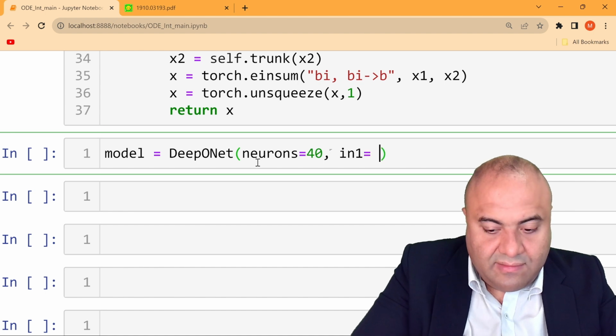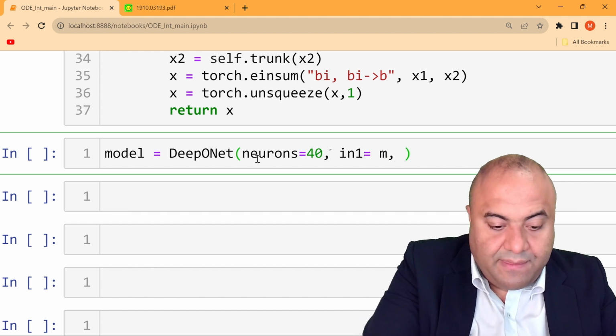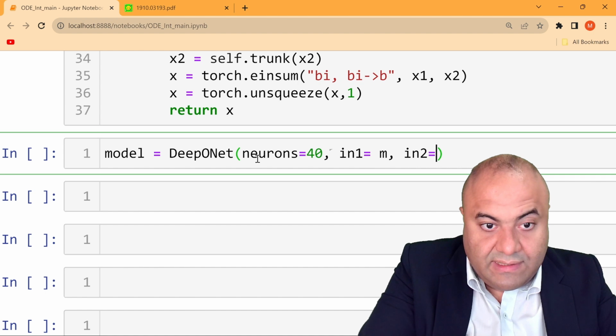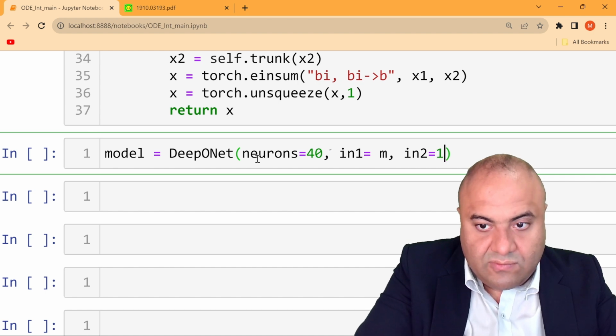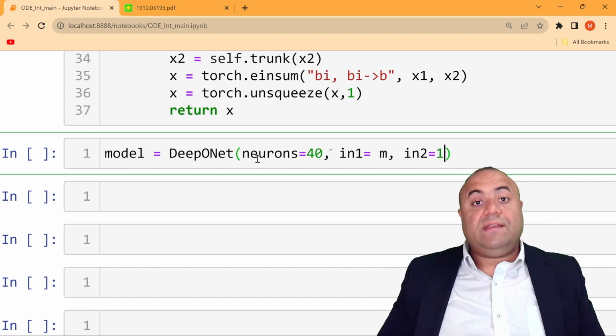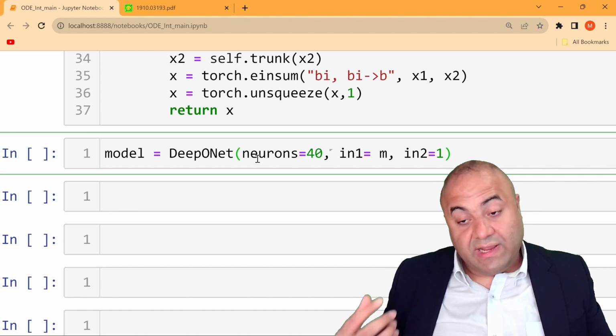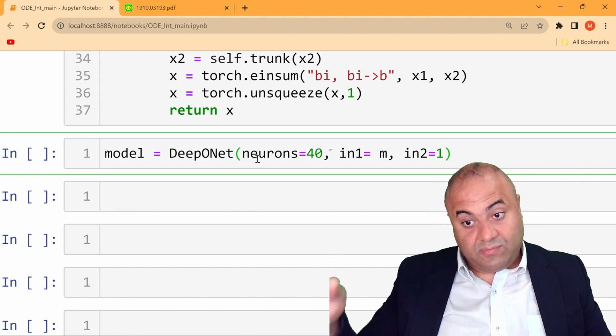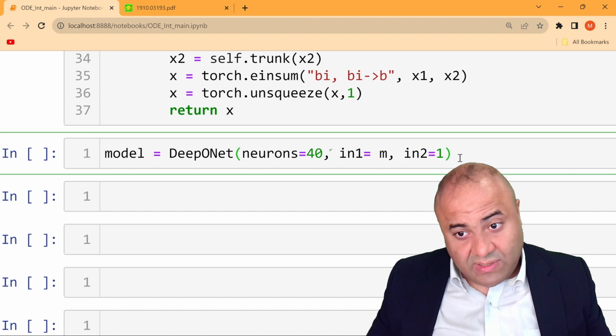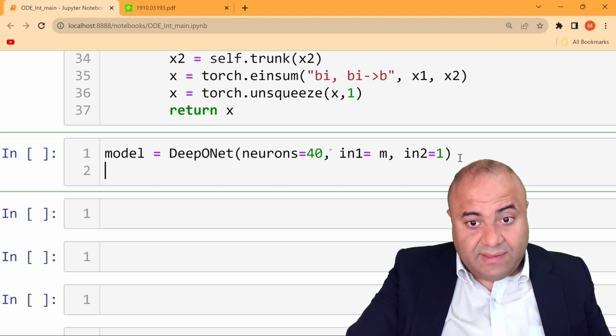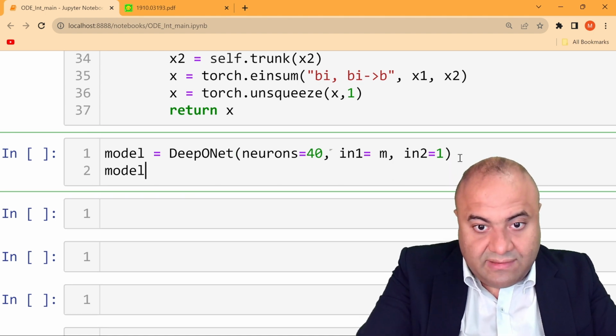Input 1 is m, input 2 is 1. Input 1 has to be 100 values. We'll put the whole sequence. Input 2 is 1, no problem, and we can just print the whole model.